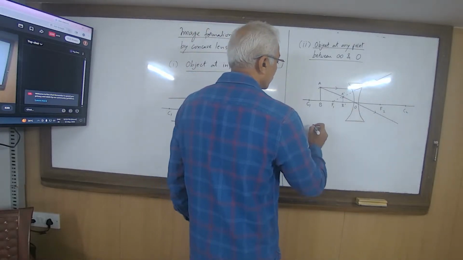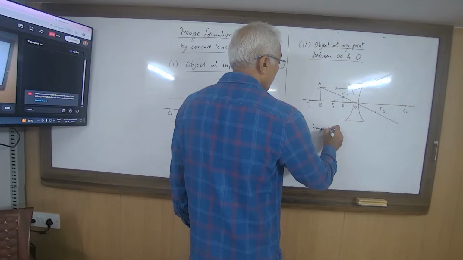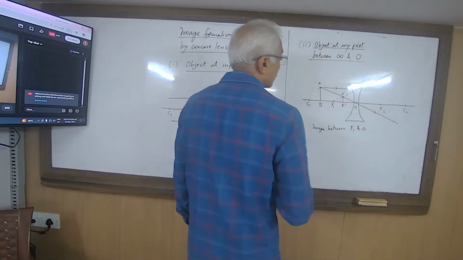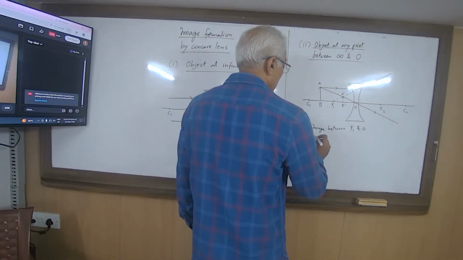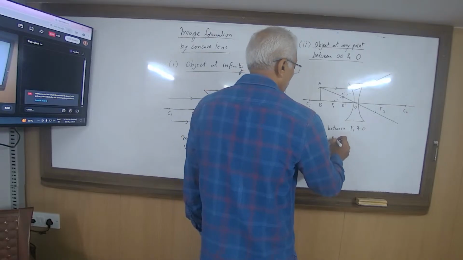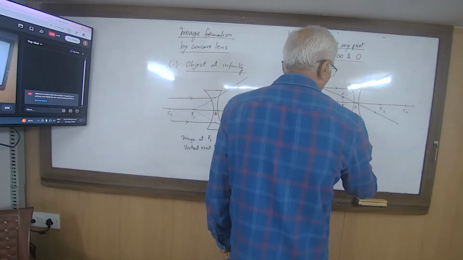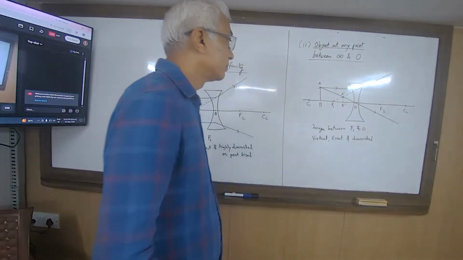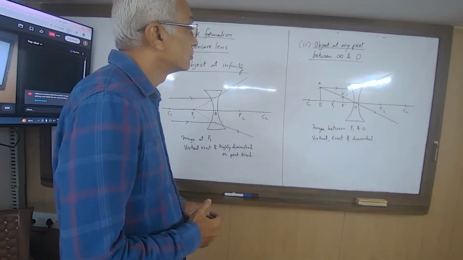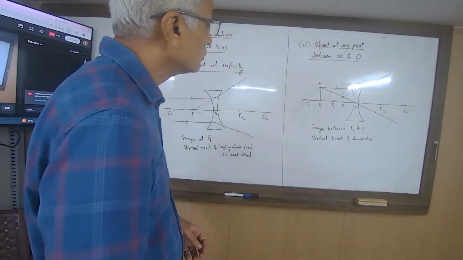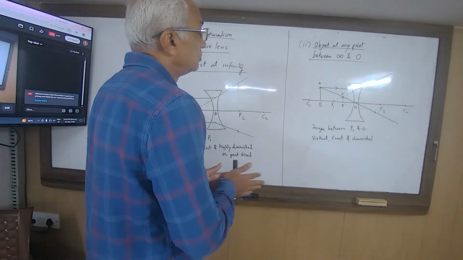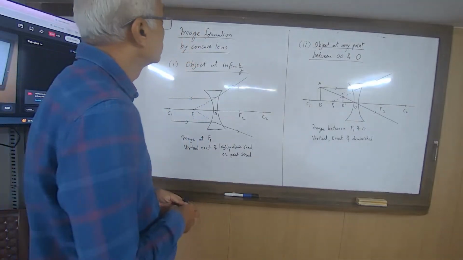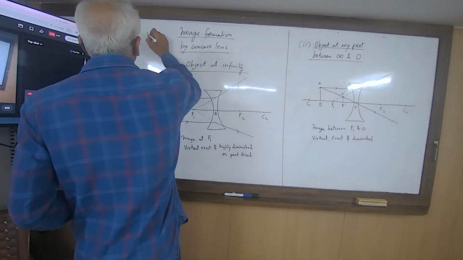So image between F1 and O, and this is diminished. You may write today's date also.